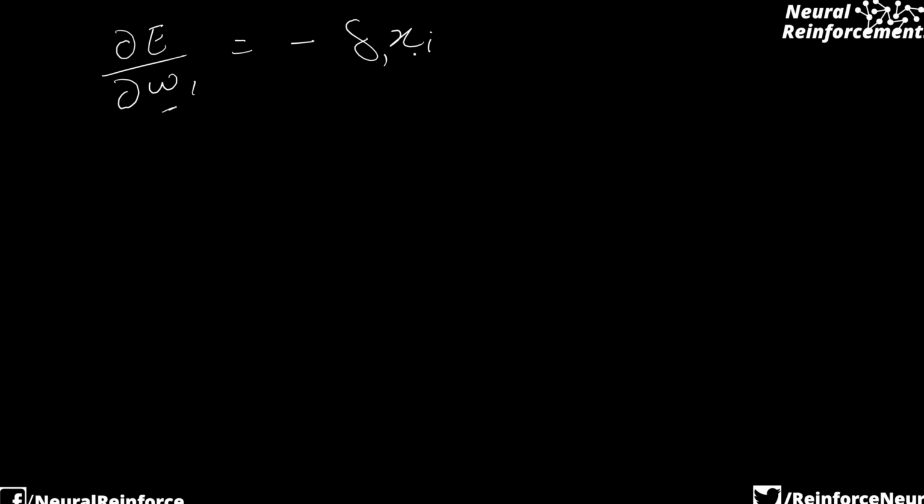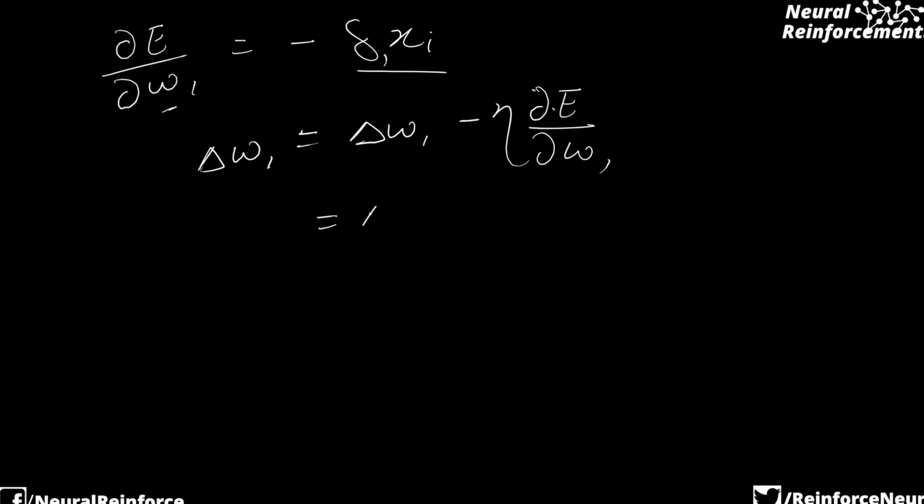So now if I am computing my final W_i with each instance, this would be equal to my initial W_i minus eta times ∂E/∂W1, and now we will replace this value over here, so it becomes initial W_i plus eta δ_i x_i.